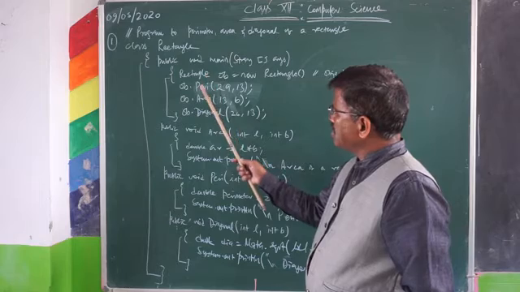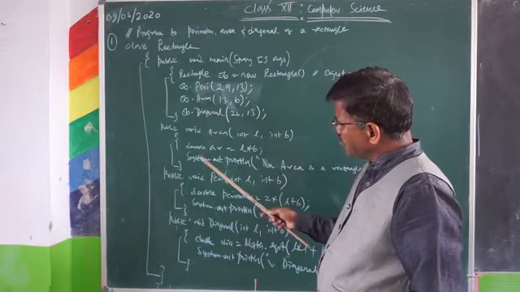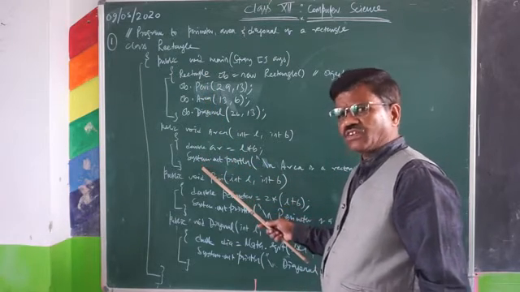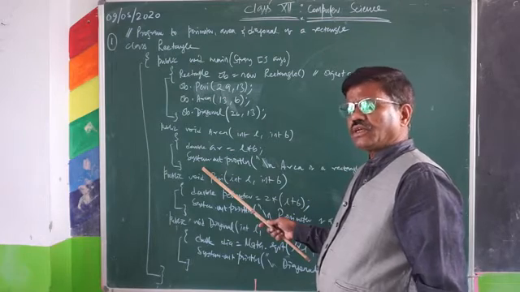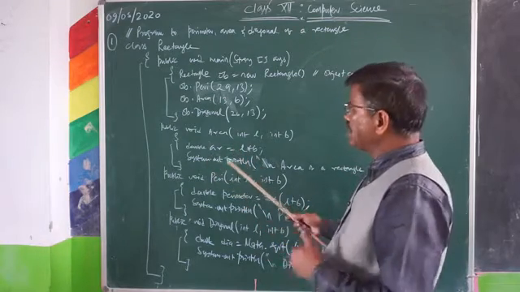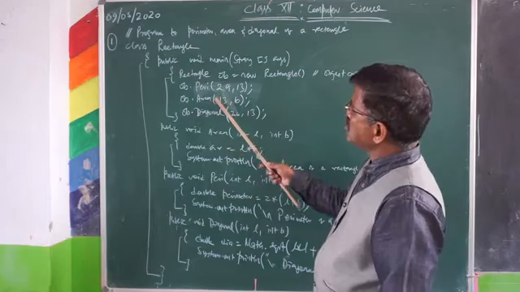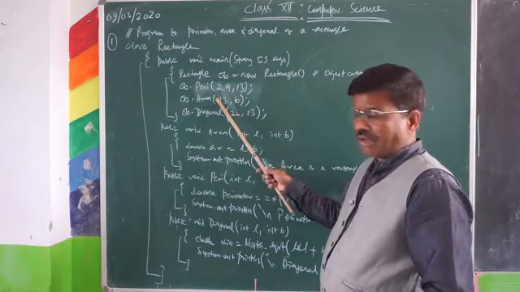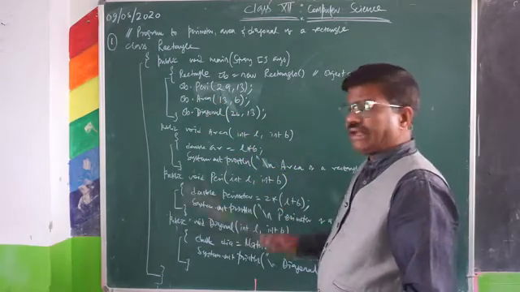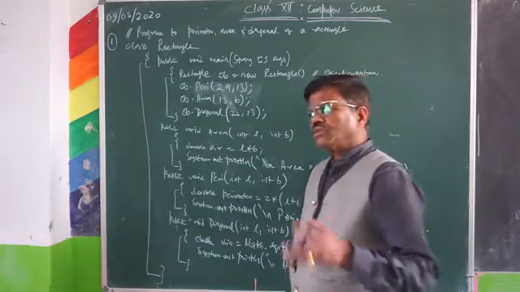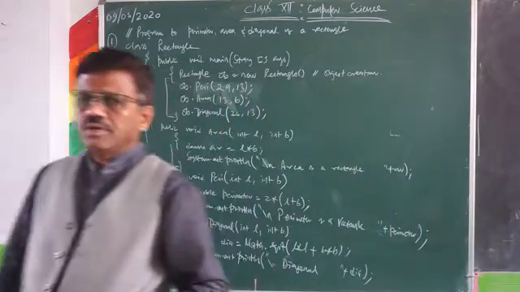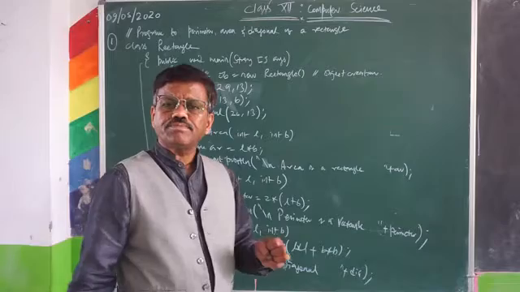From main method again you go to area, calculate the area of a rectangle, display the value, again go back to where you came from, that is main method, again go to a diagonal. Right?